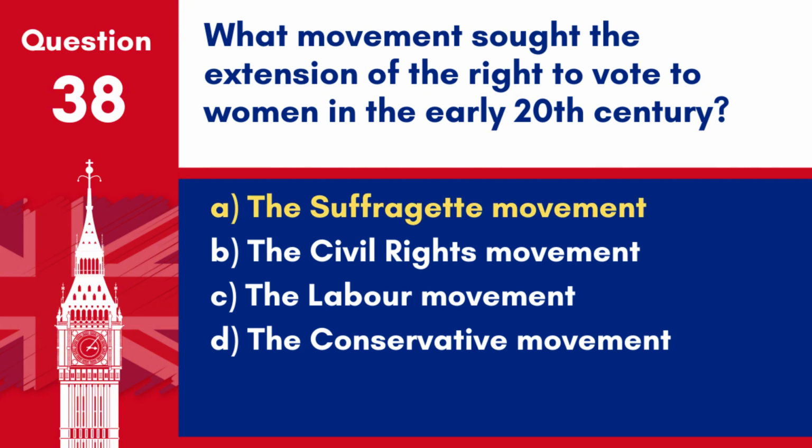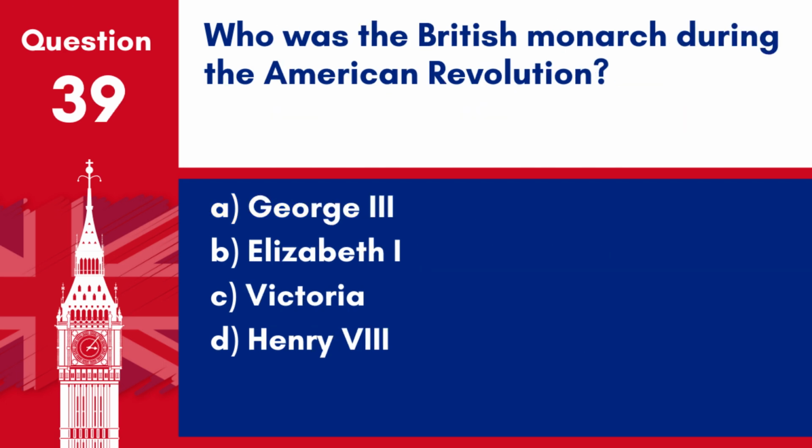The movement that sought the extension of the right to vote to women in the early 20th century was the suffragette movement. Question 39. Who was the British monarch during the American Revolution? A. George III. B. Elizabeth I. C. Victoria.